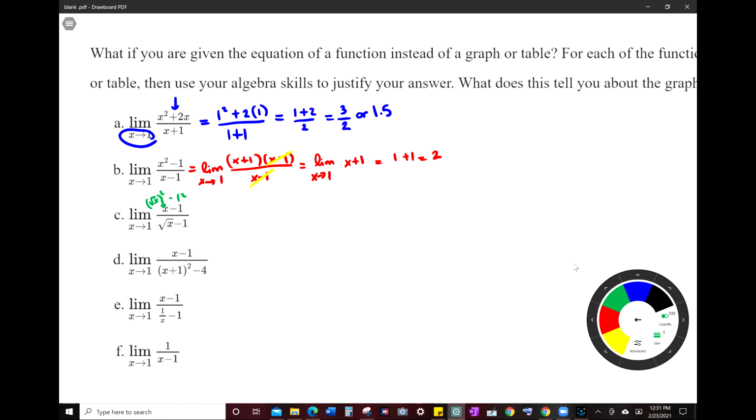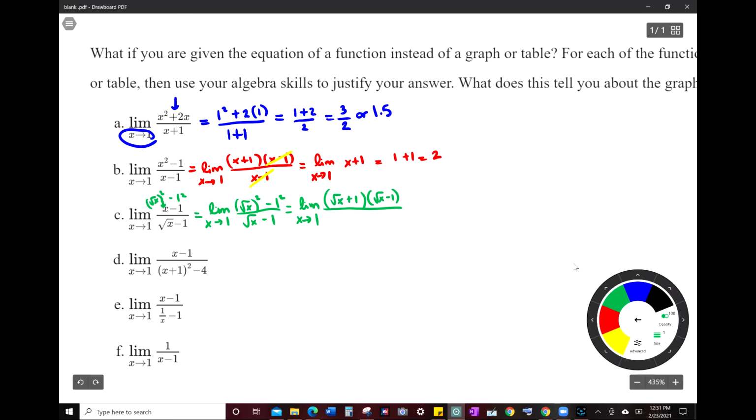If we do that, we can rewrite it in a different form: square root x squared minus 1 squared, over square root x minus 1, and that allows us to factor the top part as square root x plus 1 times square root x minus 1, and everything over square root x minus 1.